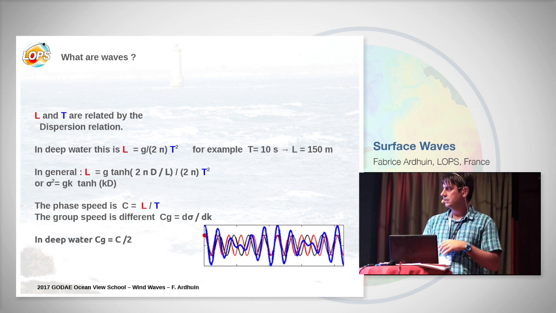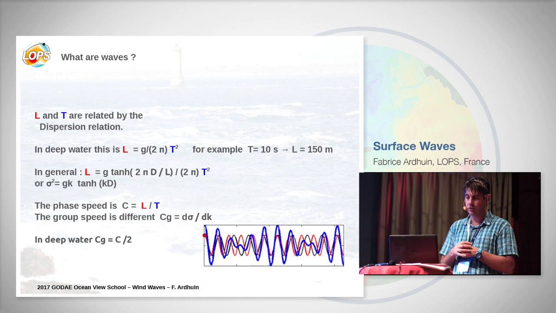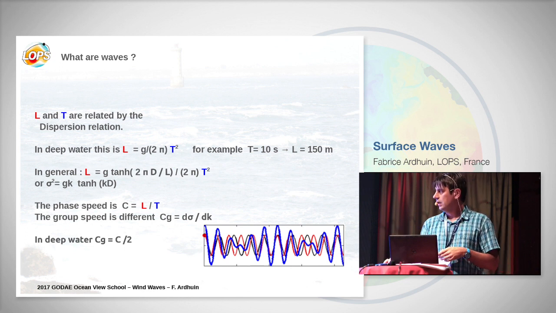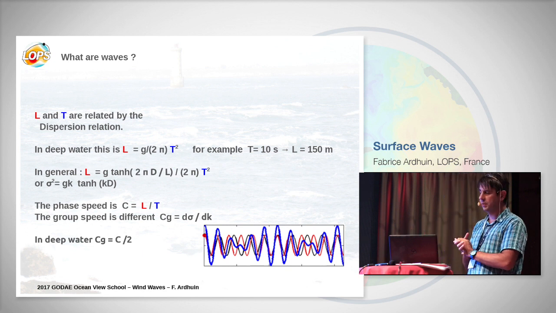In general, the depth comes into the picture, and so you have this hyperbolic tangent function coming in. So one very interesting thing is this relationship between wavelength and period. You can also look at the phase speed, which is the speed of a given crest, so the ratio of the wavelength and period. On this animation, I've made a sea state, which is a superposition, a sum of two monochromatic waves.